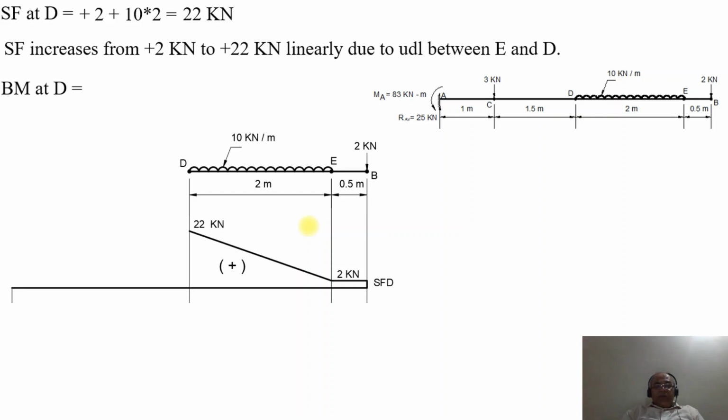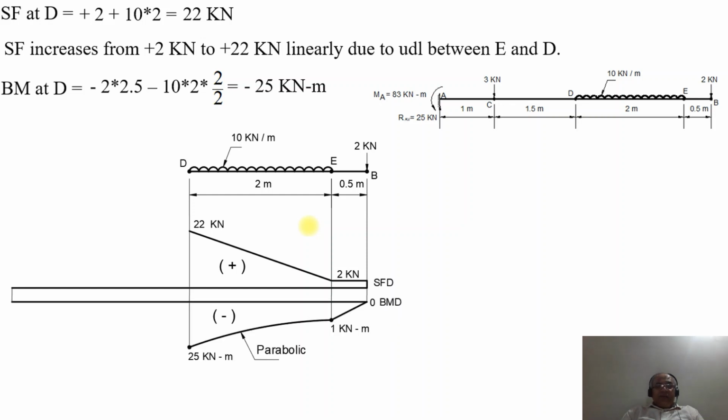Now, what happens to the bending moment diagram? The bending moment is the load into the distance. So it is minus 2 into 2.5 minus 10 into 2 into 2 by 2, which will be equal to minus 25 kilonewton meter.